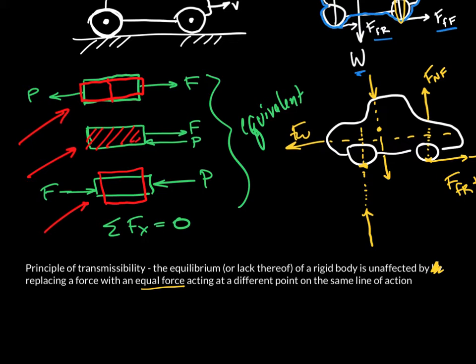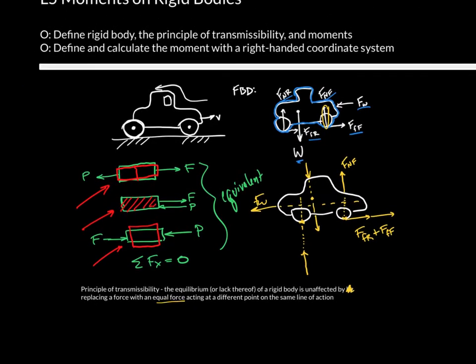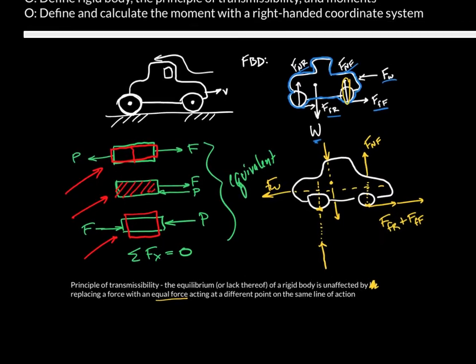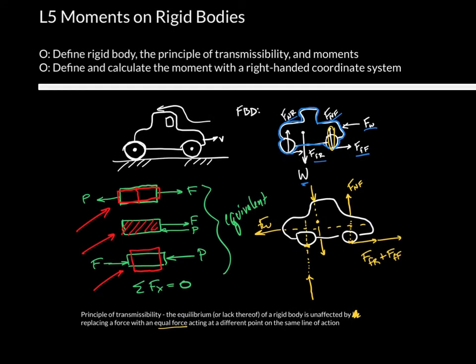So we can move forces around along their lines of action to make our lives easier. That's a key thing we're going to do, especially when finding moments. We don't really know what a moment is just yet, but we're going to talk about that very shortly.